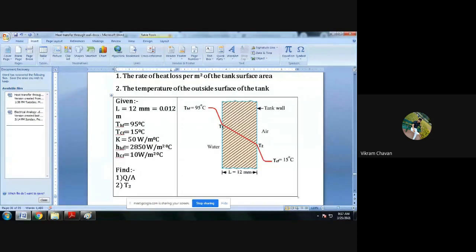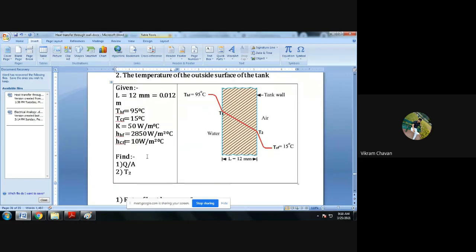Whereas the hot fluid heat transfer coefficient, that is the water heat transfer coefficient, we can denote as H suffix HF. It will be equal to 2850 watt per meter square degree Celsius. Then the cold fluid heat transfer coefficient, H suffix CF, will be equal to 10 watt per meter square degree Celsius.